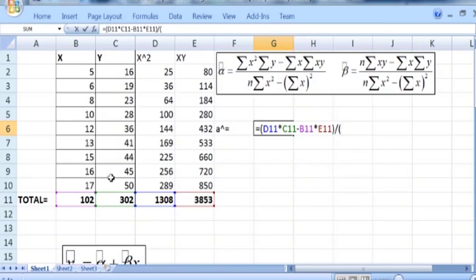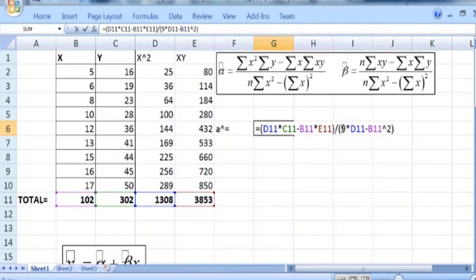Here in this case we have a total of 9 data points, so 9 observations. So n is 9 times summation x square, which is located in D11, minus summation x whole square. Summation x is B11, whole square, put cap sign and 2, close the parentheses.